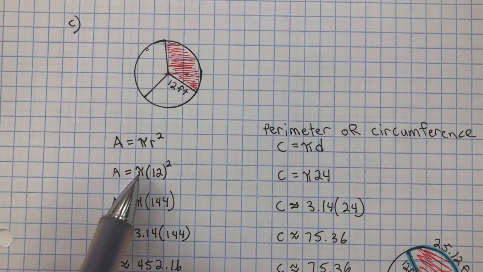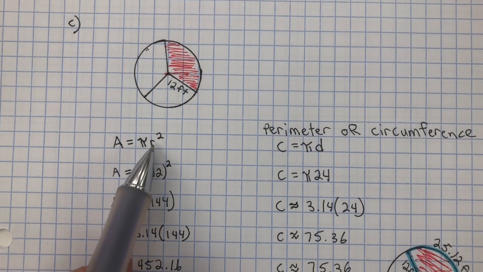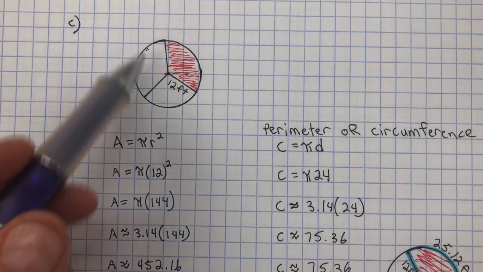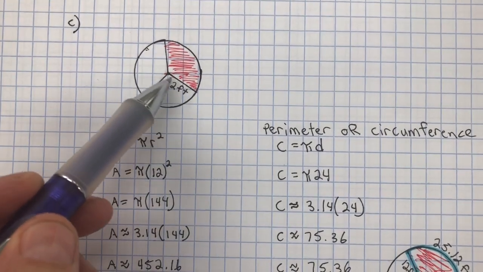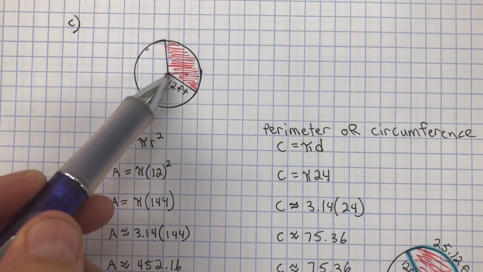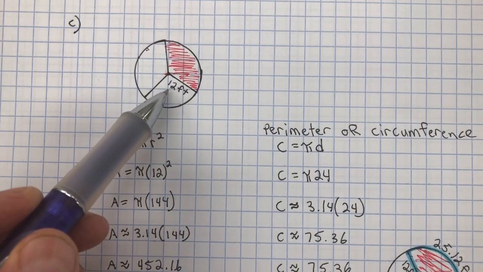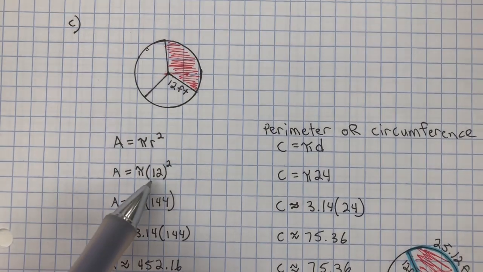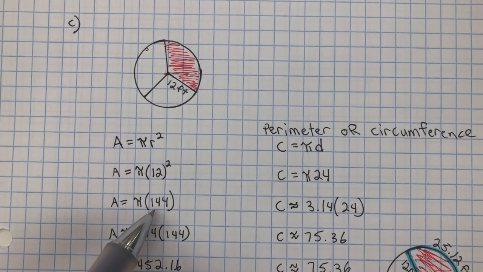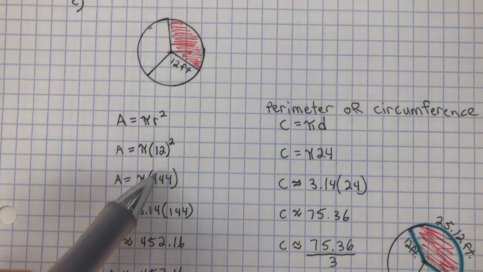So area equals pi multiplied by the radius, and the radius is 12. That was given from the center point to the edge of the circle, which is 12 feet.